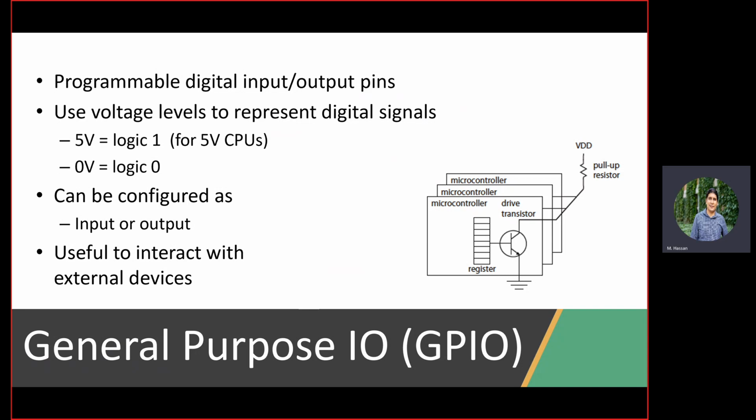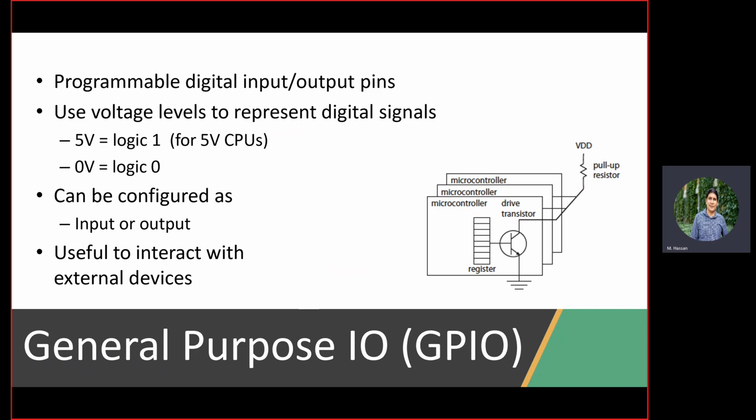If you get any microcontroller, regardless of who is the vendor, you will find the GPIO, because this is usually what people interact with for educational purposes. Like something that is general, you can configure as either input or output, and usually is connected to LEDs for illustration. So GPIO refers to programmable digital input-output pins.